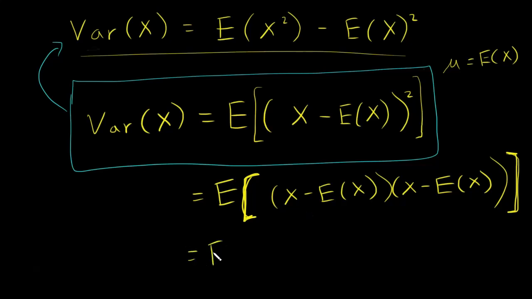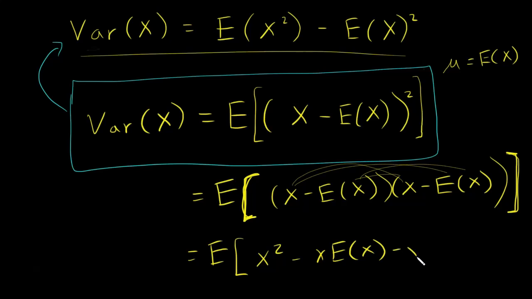Now I'm going to go ahead and FOIL. Remember, FOIL is first, inner, outer, last. So I'll have x squared minus x times the expected value of x, minus x times the expected value of x, plus, because negative times negative makes a plus, the expected value of x, squared.